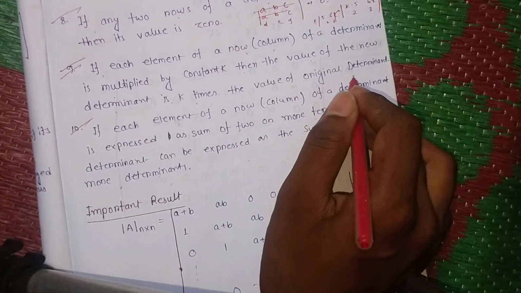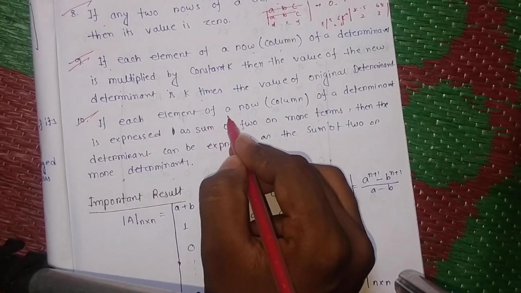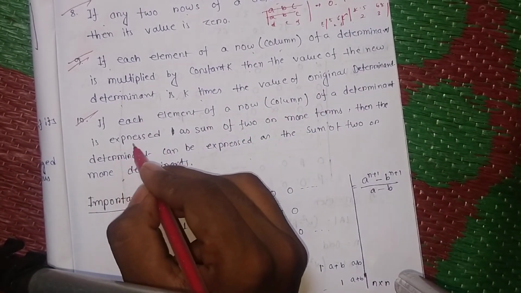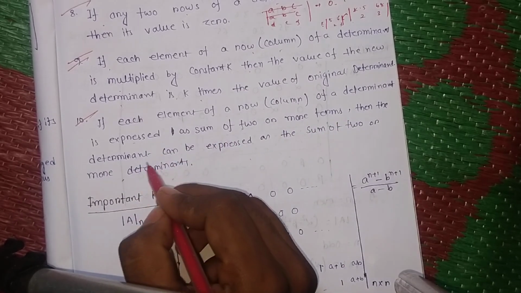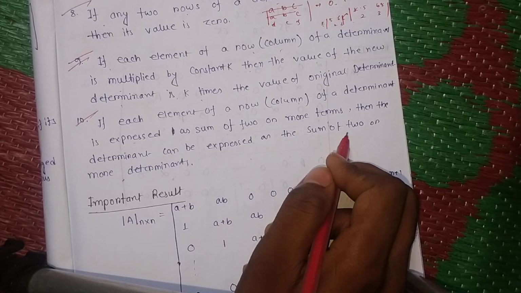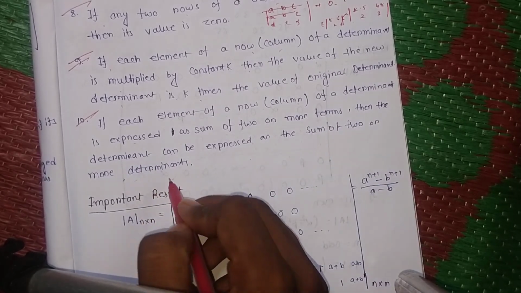And the last one: if each element of a row or column of a determinant is expressed as the sum of two or more terms, then the determinant can be expressed as the sum of two or more determinants.